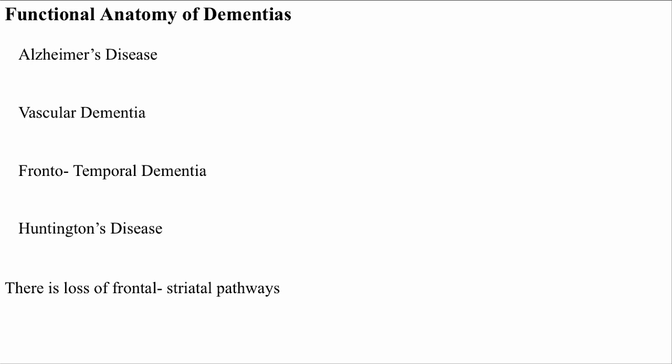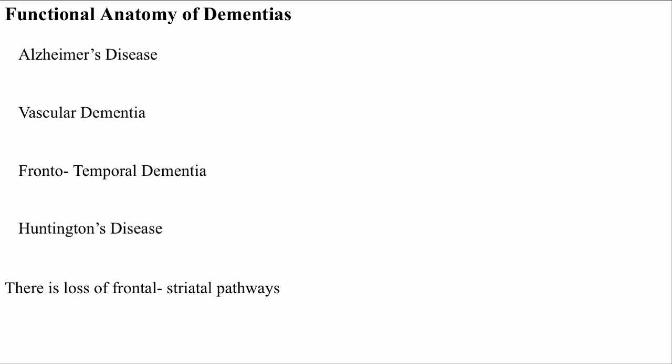And remember, all these circuits originate from the prefrontal cortex, right? These are the connections which connect the cortical areas to the subcortical areas, to different lobes. Prefrontal cortex is connected to temporal lobe, to other subcortical areas, hippocampus, entorhinal cortex, etc.